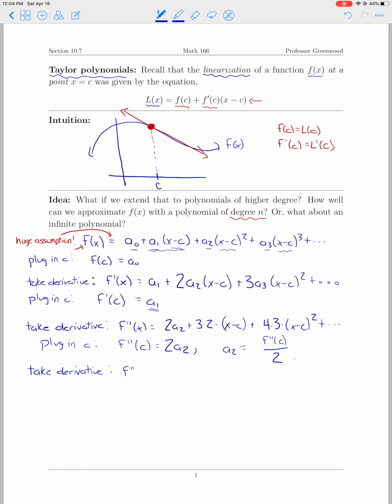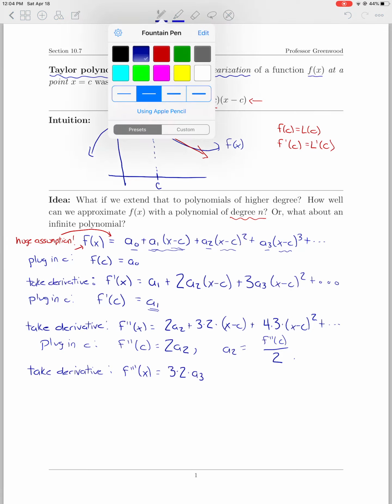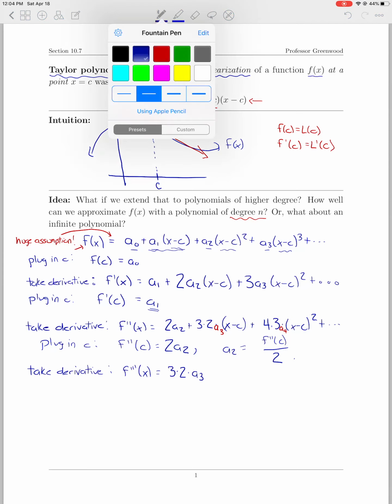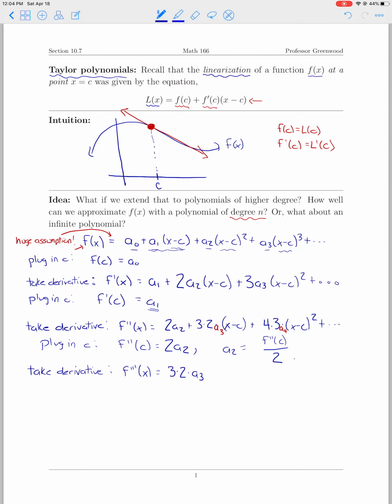And so if I take 3 derivatives now, then on the right-hand side I'm going to get 3 times 2 times a3. And so I could see up here, by the way, that I dropped the a3 and the a4 in that line right there. I'm sorry about that. But now that that's back in there, this should have been a 3 times 2 times a3, and then a 4 times 3 times 2 times a4 times x minus c, and then plus so on.